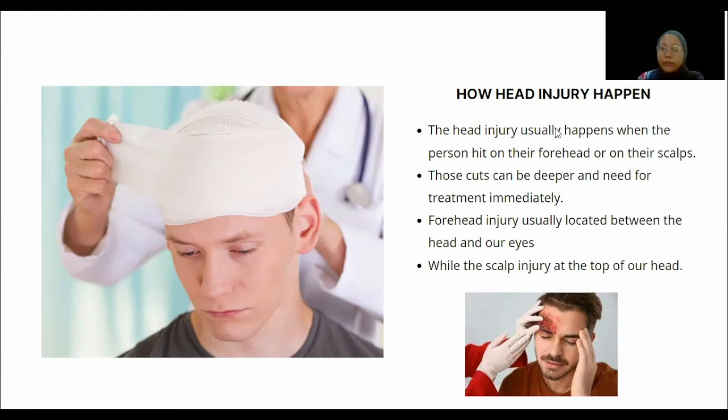Sometimes the cut can be deeper, and we need to stop the bleeding immediately so we can take them to the clinic and get further treatment. Okay, so let's move on to the next part, how to treat the forehead injury.